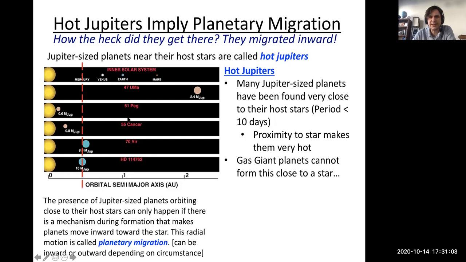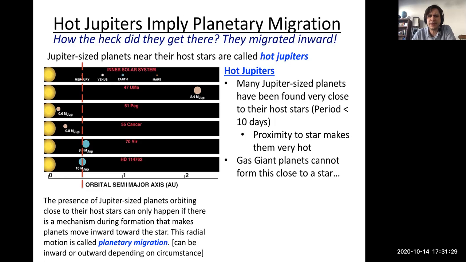Here's 51 Pegasi b, a planet that's 60% the mass of Jupiter and orbits the star much, much closer than Mercury orbits our sun. So that is a very hot Jupiter. And then here's another example. These would be hot Jupiters as well, although a little bit less hot, but still pretty hot. Mercury is hot. So we have all of these hot Jupiters.